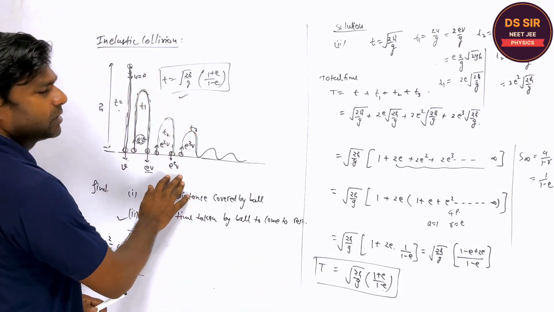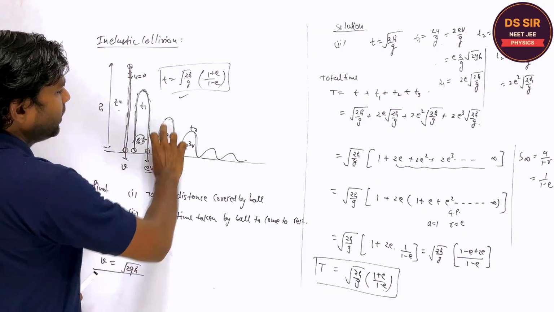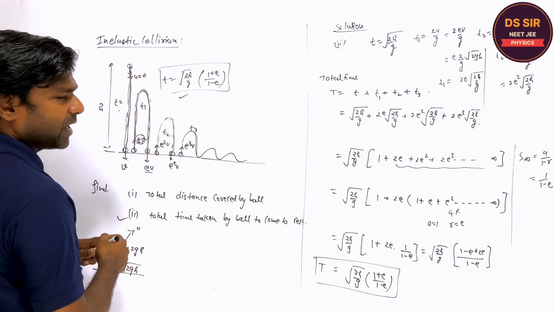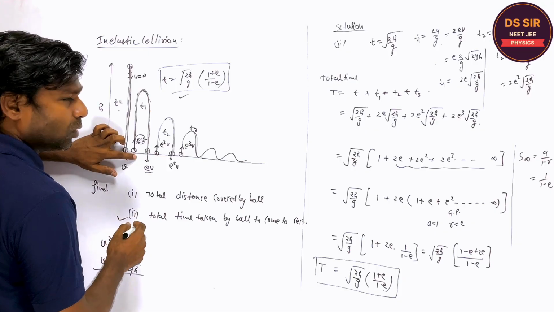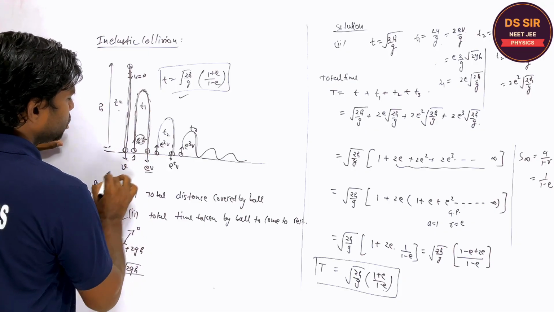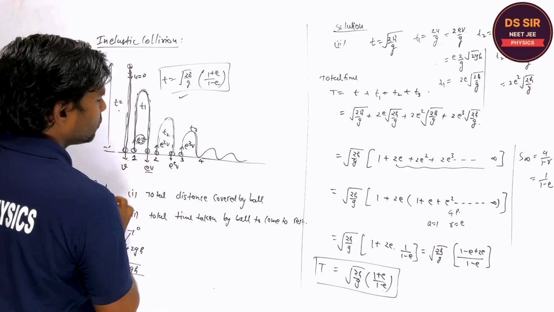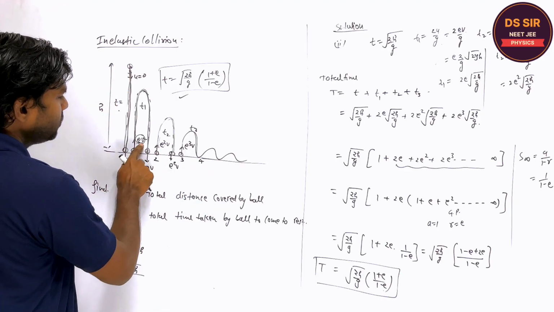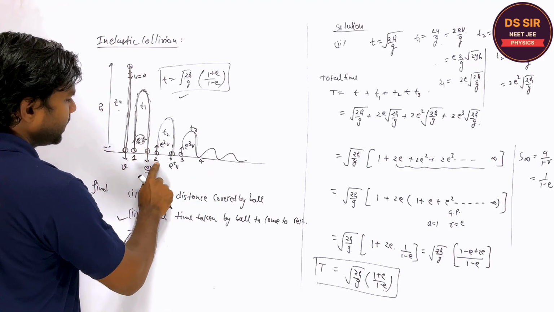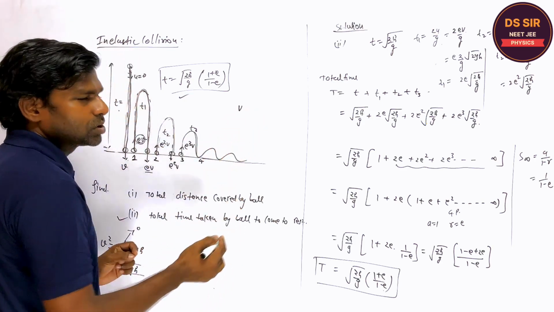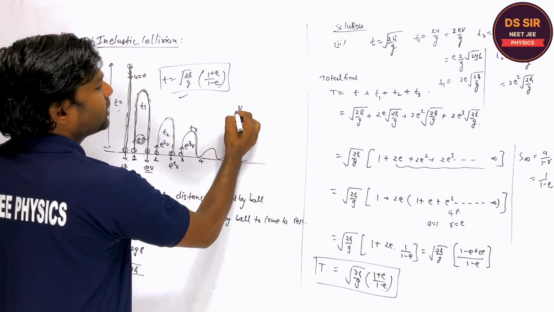Sometimes they may ask the velocity and the height obtained, or the time taken after the nth collision, in the nth rebound. So this is the first rebound, you will remember. This is the second rebound, this is the third rebound, this is the fourth rebound, right? In the first rebound, the speed is ev. In the second rebound, the speed is e square v. In some questions, they ask the speed after the nth rebound.